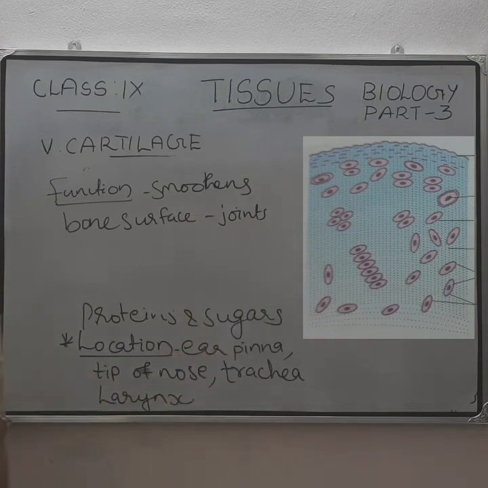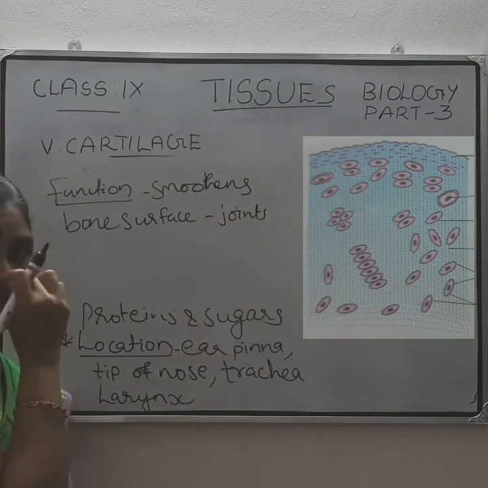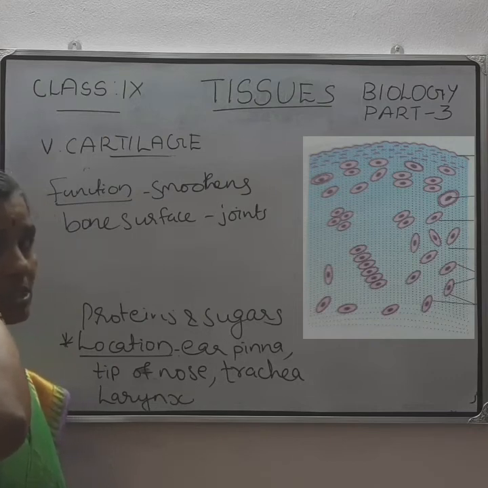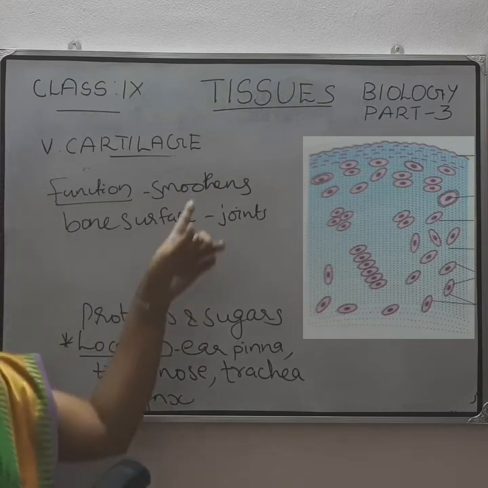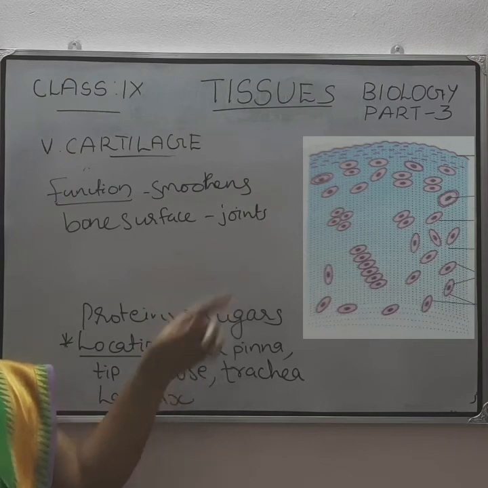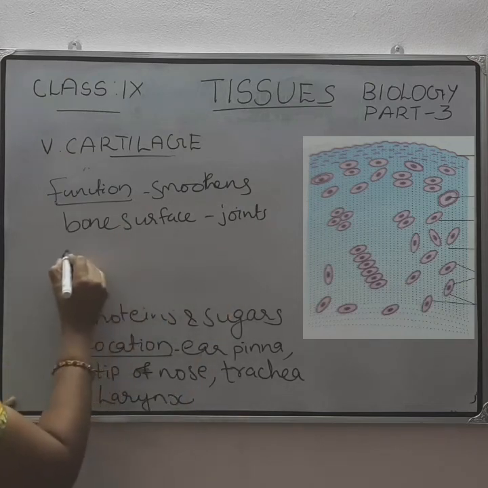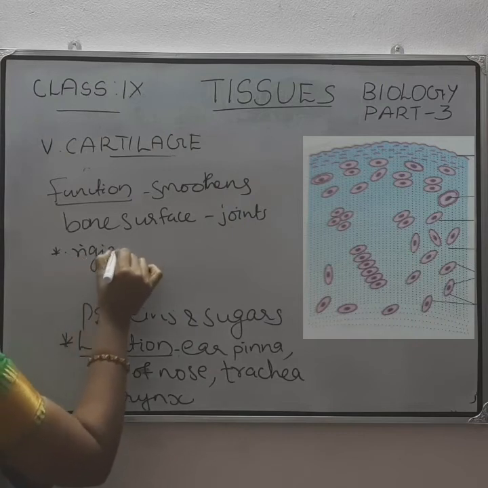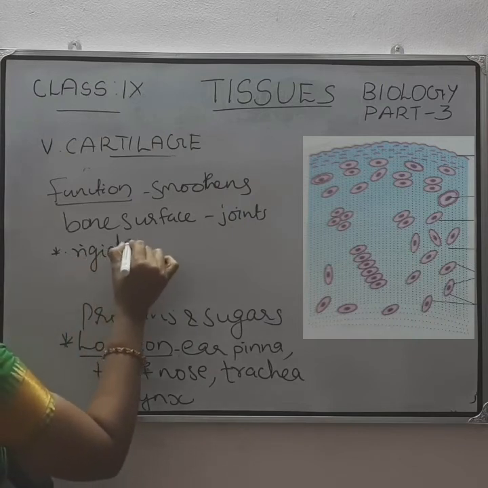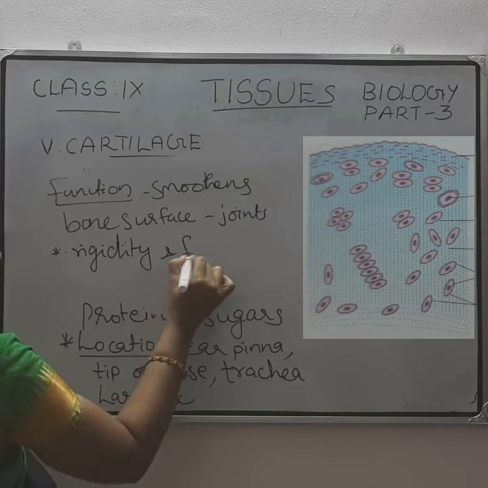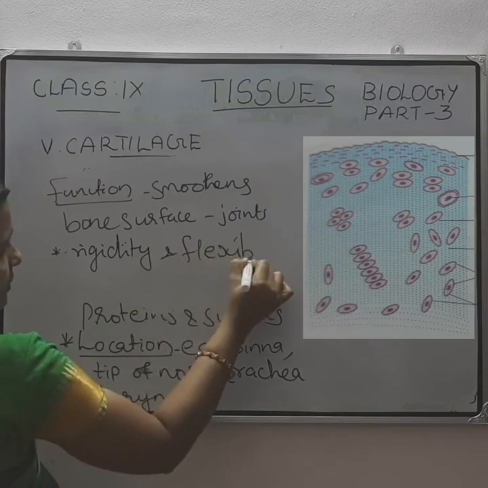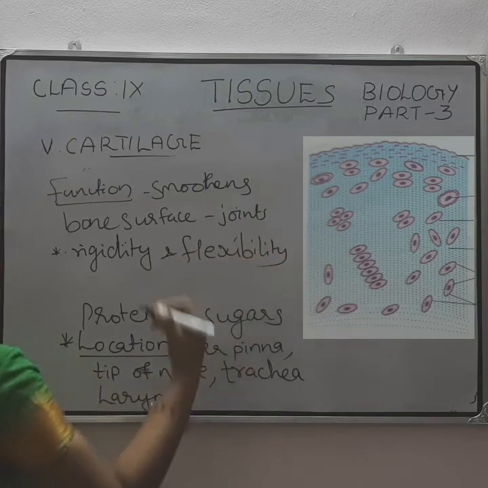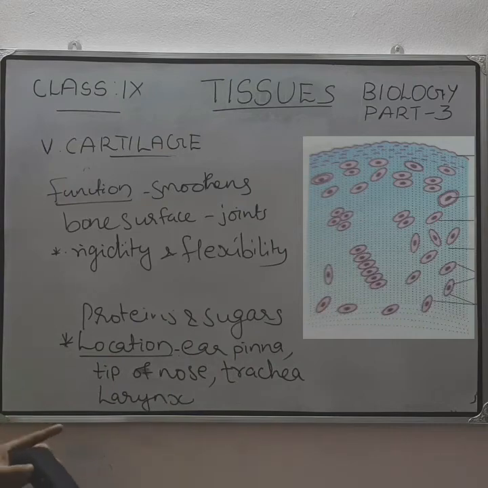You know that here it is very smooth, and our ear pinna is also very smooth. So it smoothens the bone surfaces, especially at joints. And also one more function is there. It provides rigidity and flexibility. So these are the functions of cartilage.